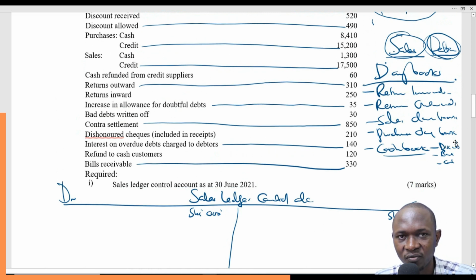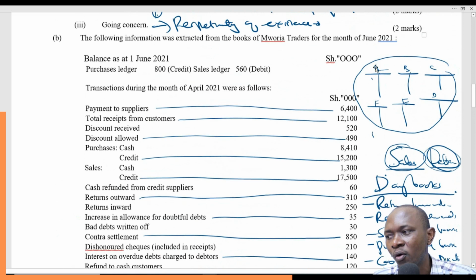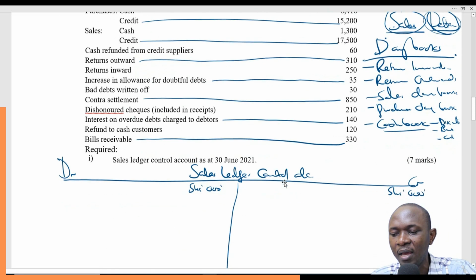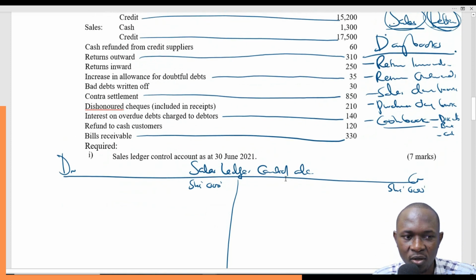And we take these figures from here in totality to check the accuracy of the personal ledgers that we have raised against all these debtors. So instead of using the data that we already have, we go to the source document, the day books, and collect the totals from there, and it's those totals that we use to post in our sales ledger control account.